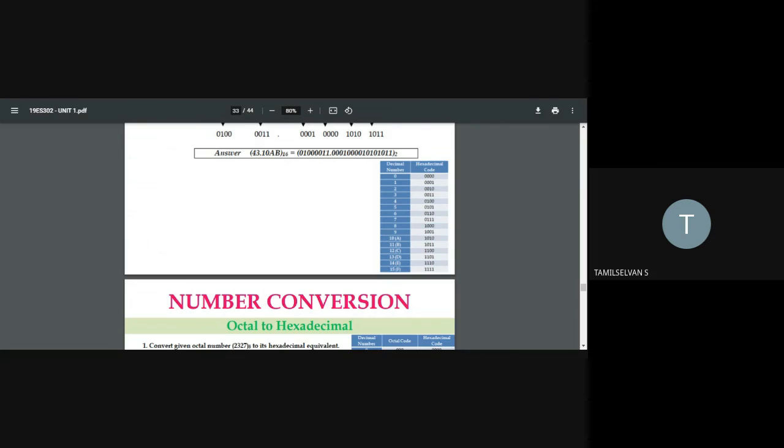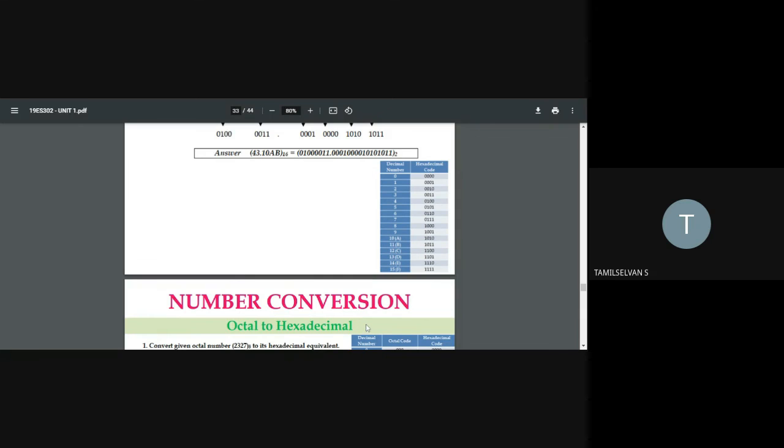There is no straight conversion. So first we convert the octal number into a binary number, and then that binary number is converted into a hexadecimal number.